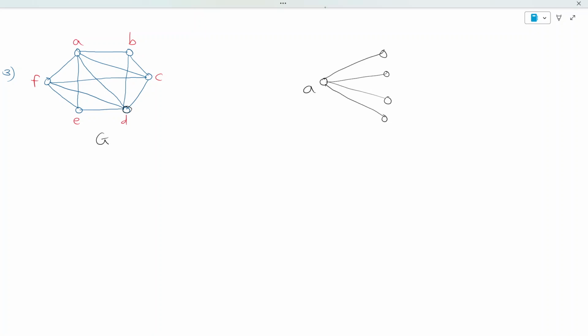Except D, the vertices adjacent to A, I am drawing those vertices B, C, F and E. Now I am drawing here D.